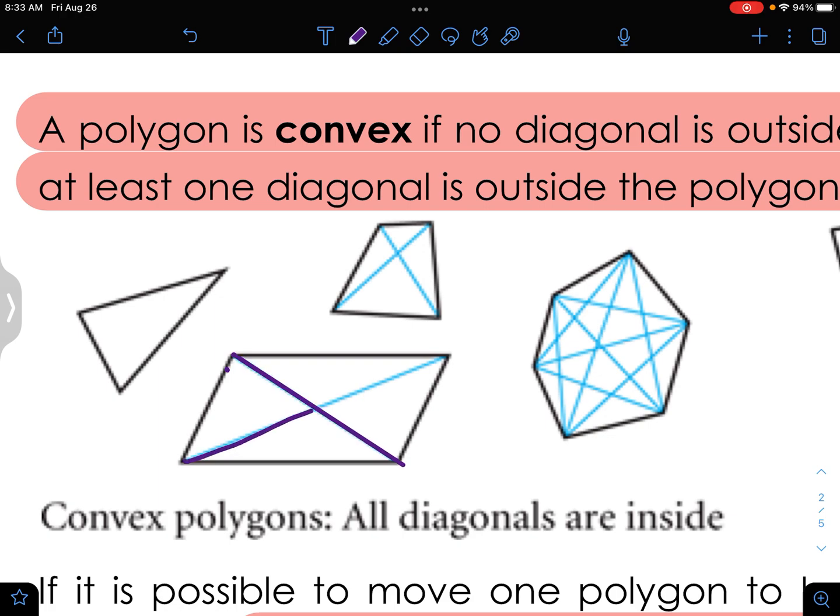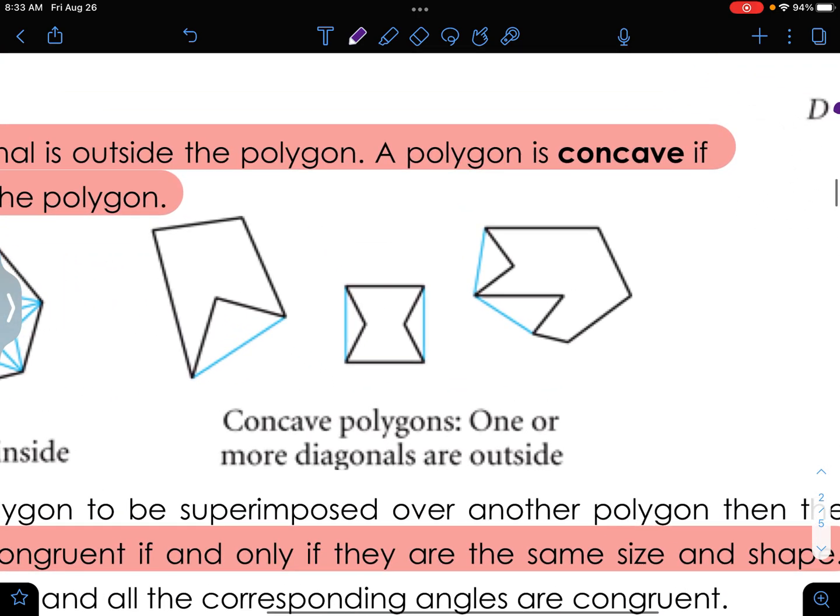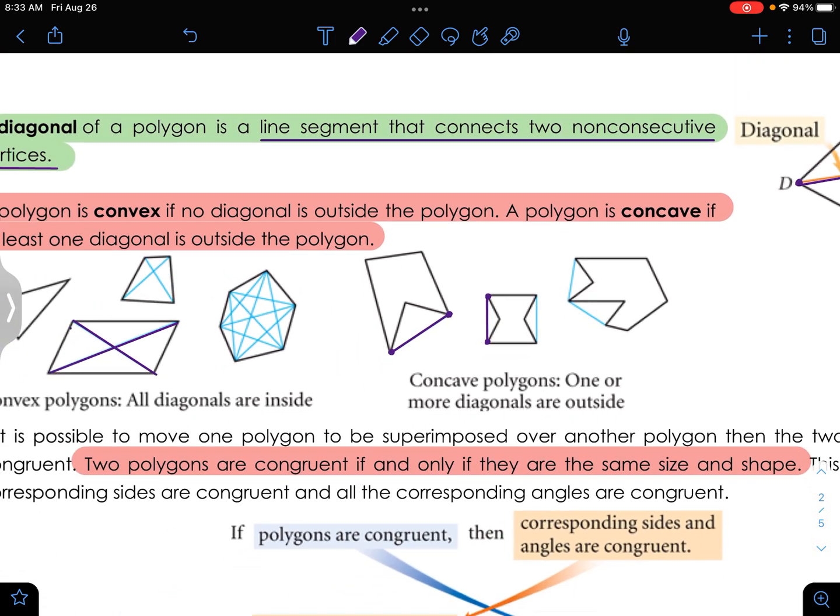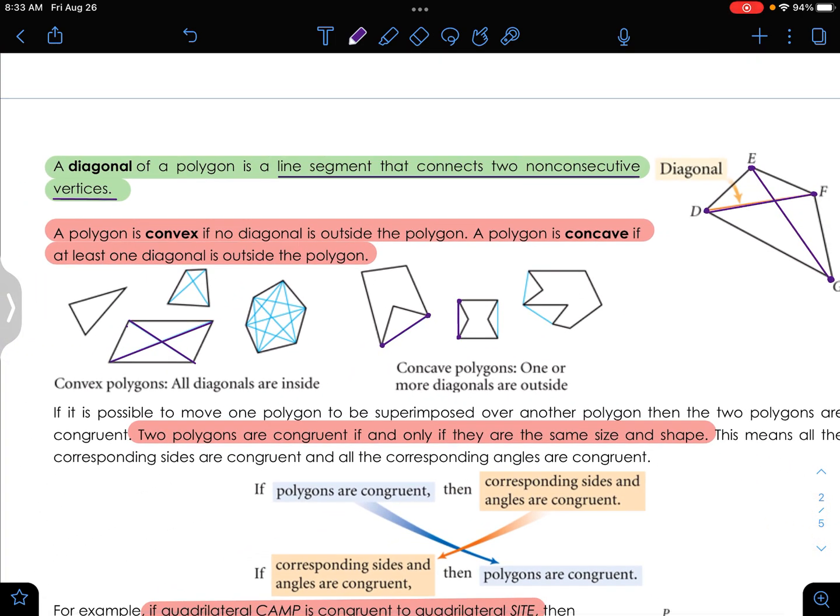Whereas if you look at the other polygons over here to the right, they have diagonals that connect non-consecutive vertices here, or there, and those diagonals are outside of the polygon. That makes them concave. So a convex polygon is where diagonals are all inside.